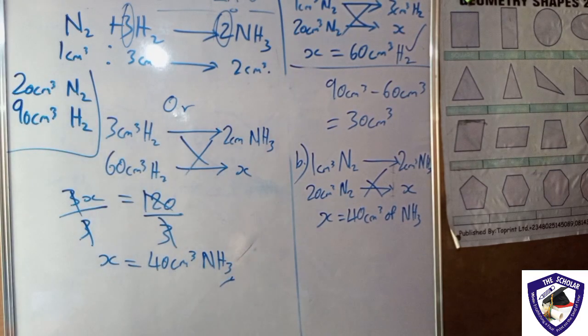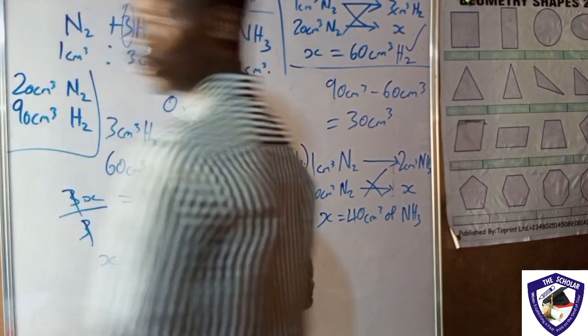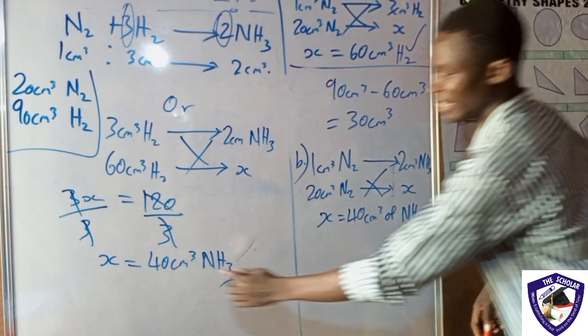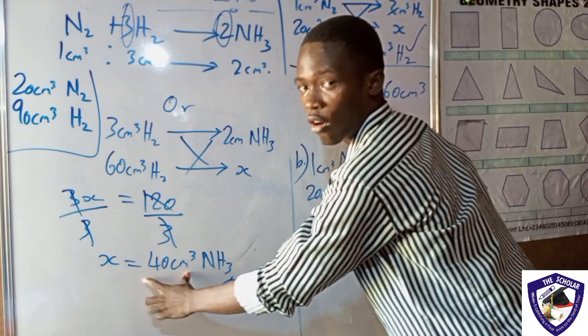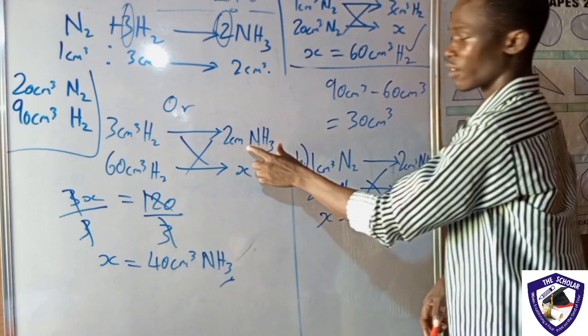That is for B. Now the question goes on to ask us to calculate C: what is the total volume of the gas mixture?